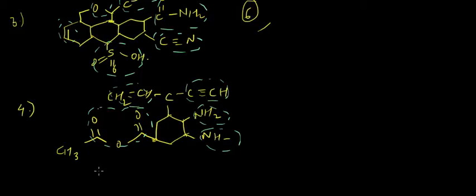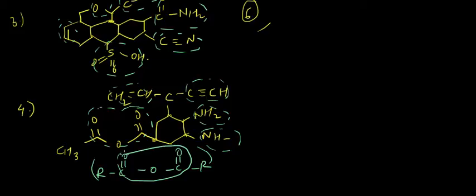So anhydride is nothing but R, C double bond O, O, C double bond O and R. Looking at this pattern, we can clearly see that the RC double bond O is present in this carbon and this carbon, and this is R again. So this is another group. I hope you are able to recognize it now. So the total number of functional groups in this compound is 4.